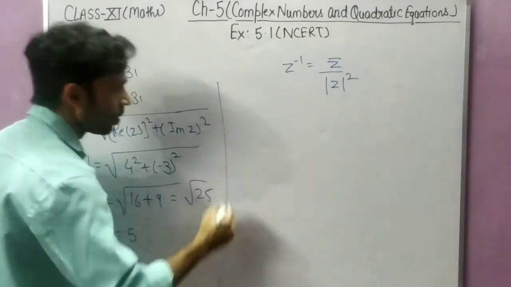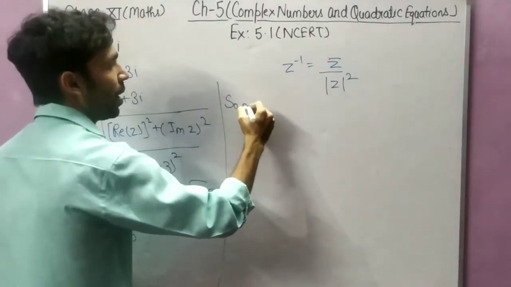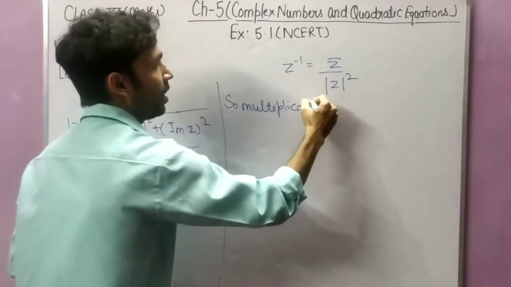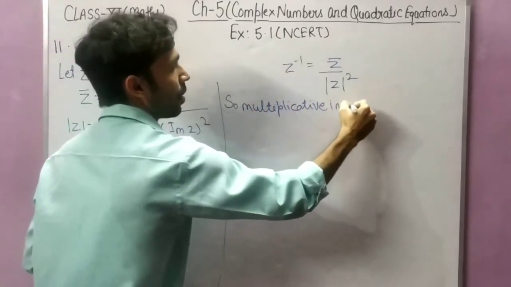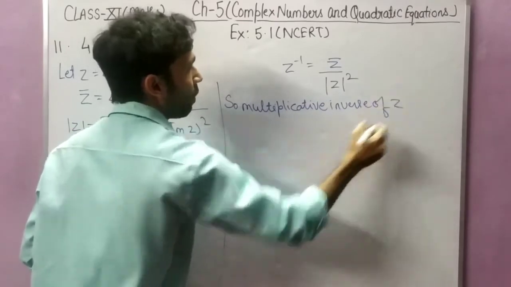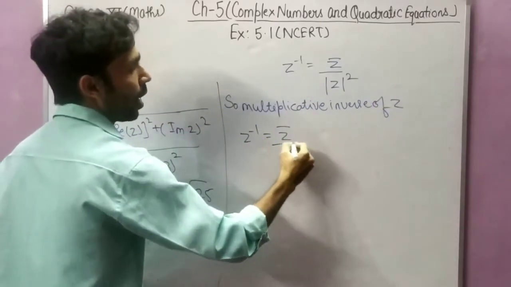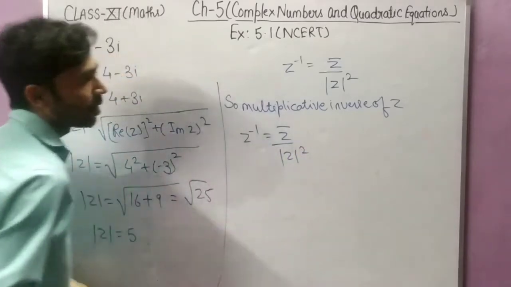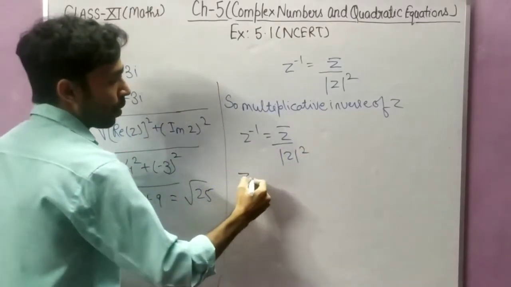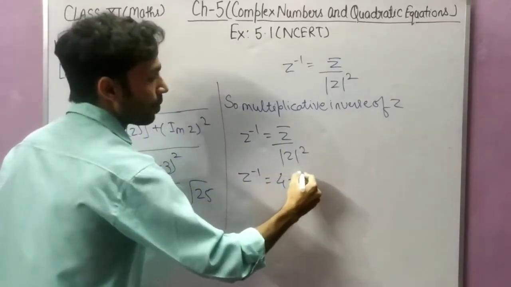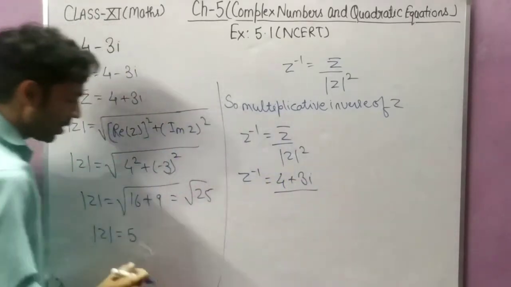So the multiplicative inverse of z will be z inverse, and z inverse is equal to z bar upon mod of z squared. Okay. So now z inverse is equal to z bar, which is 4 plus 3i, and mod of z is 5.